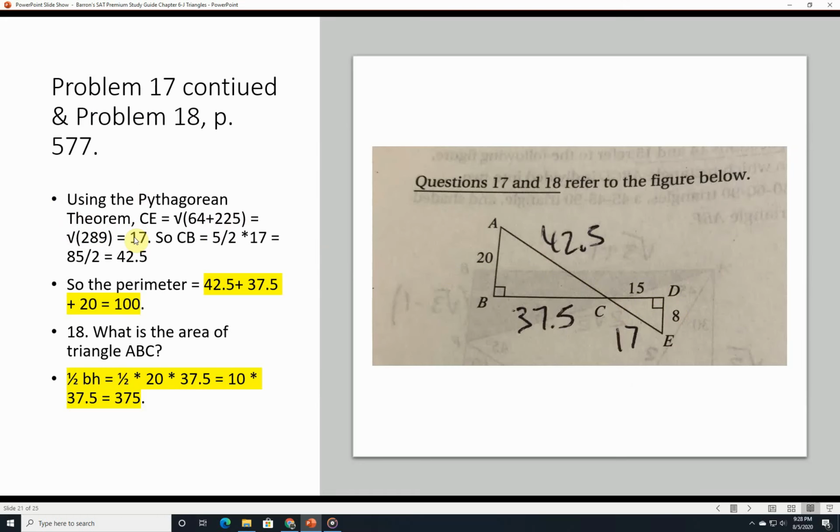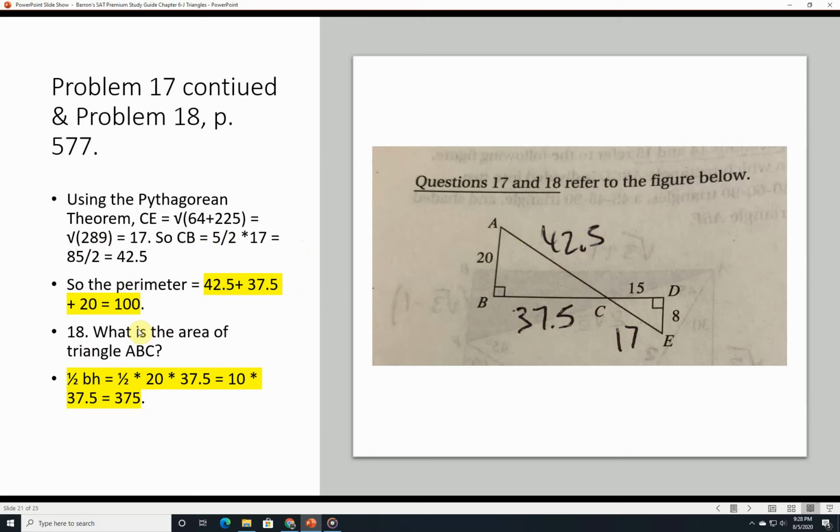Again, if you have your calculator, use your calculator. If not, hopefully you've memorized that, or you can at least guess at it. So, CB is equal to 5 halves of 17, so you multiply 17 times 5 halves, you get 42.5, so the perimeter is going to be 42.5 plus 37.5, which adds up to 80, plus 20 is 100.